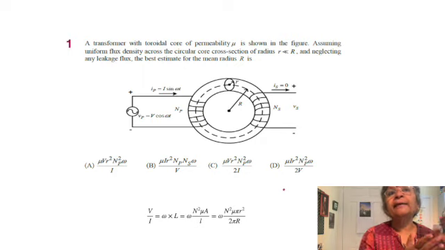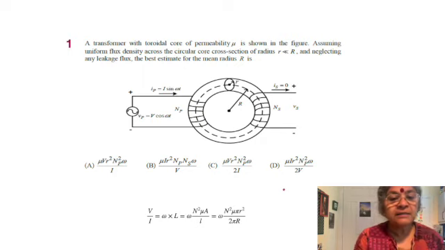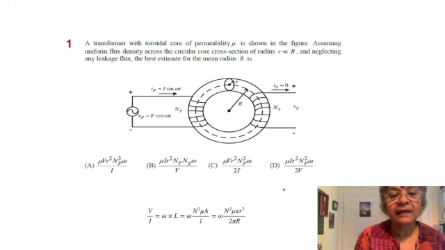So the area and the length refer to the iron core as such. Now from amongst the answers we realize that there has to be a 2 on the denominator, because 2 pi R, the 2 cannot cancel with anything. Pi of course can be cancelled.